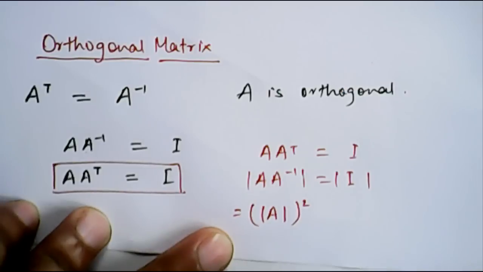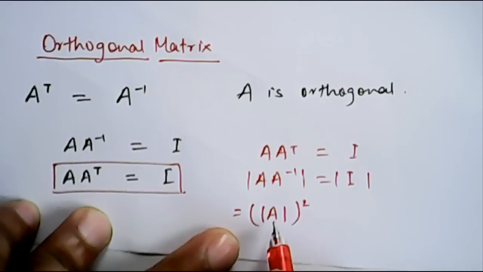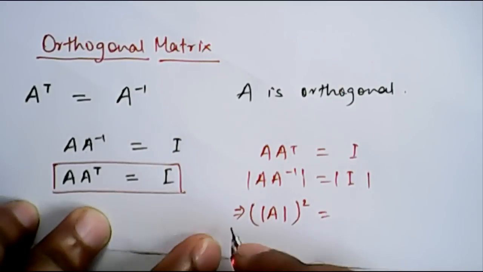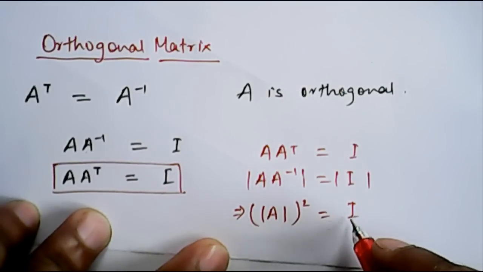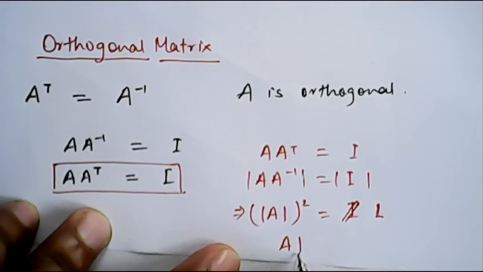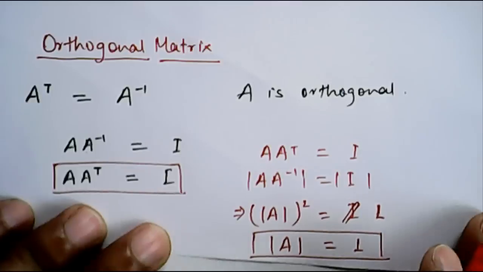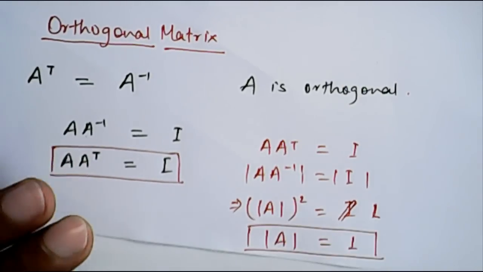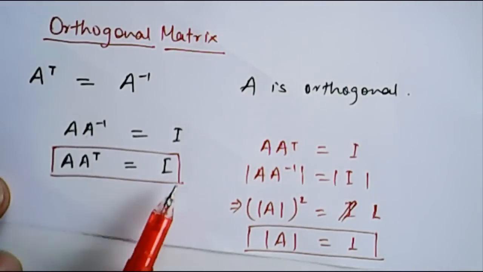As we know that this is A inverse, so we can write here A square equal to identity, and the determinant of identity will be equal to what? Will be equal to 1. Okay, so now determinant of A is equal to 1. So two conclusions we can draw. One is that the determinant of an orthogonal matrix will be 1, and A into A transpose will be equal to identity matrix.